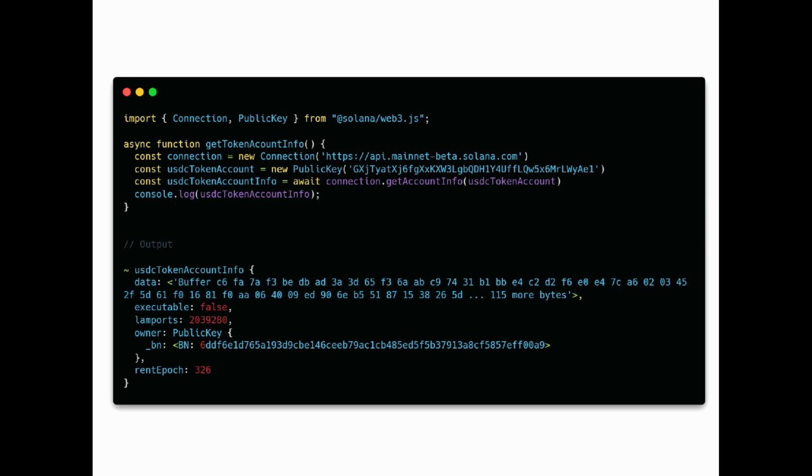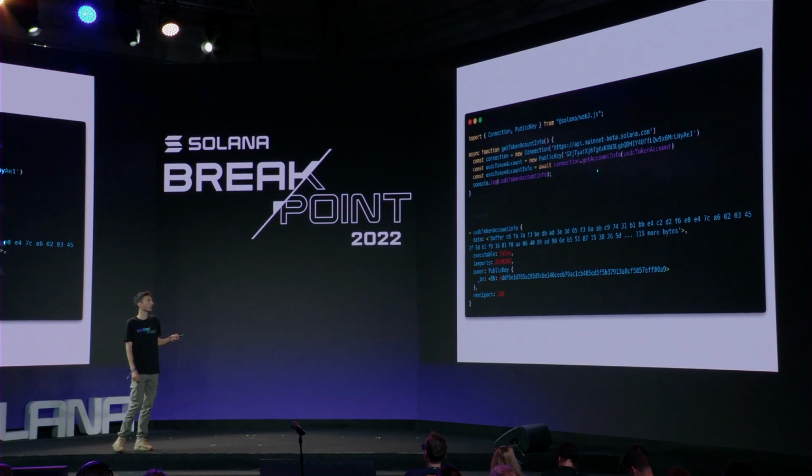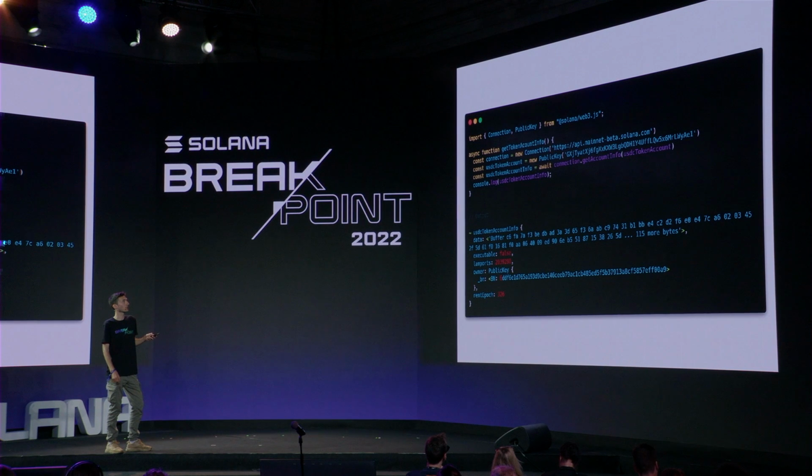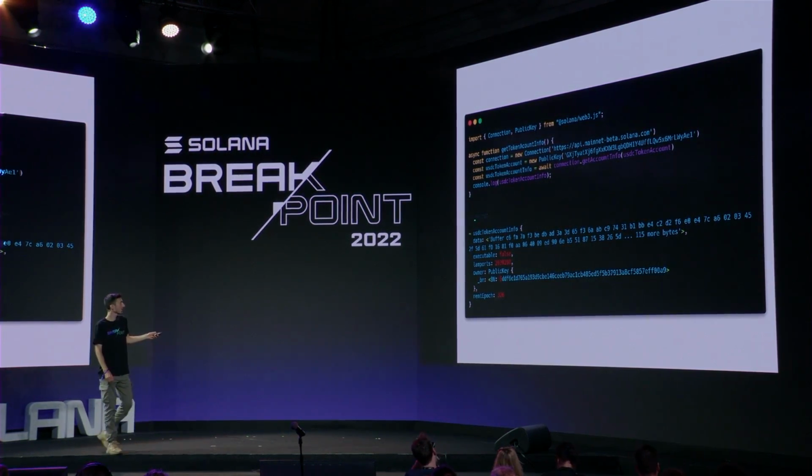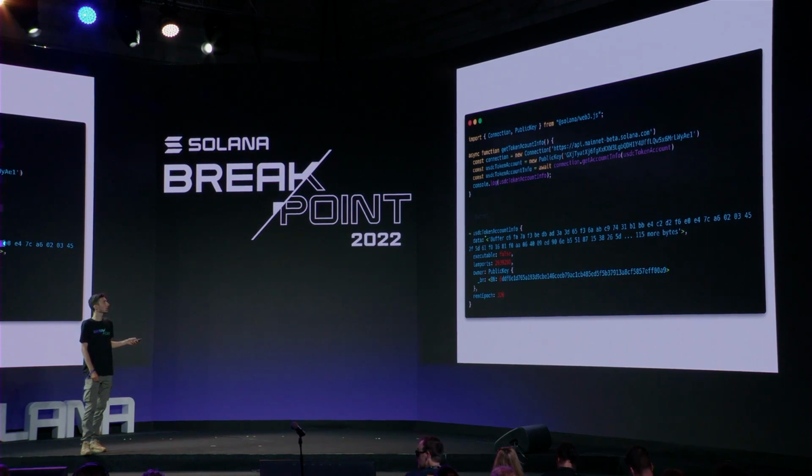And then you just need to use the getAccountInfo method from the connection object to get the data stored on the blockchain. And here we can see on the output that we have a data field, which is a buffer.